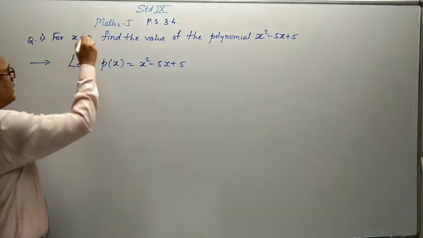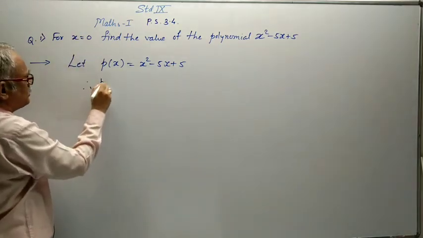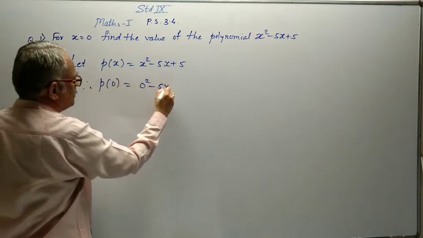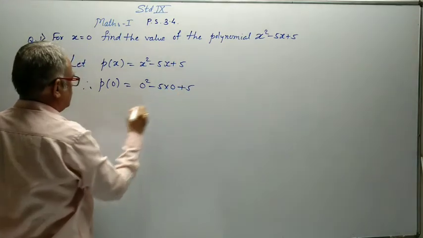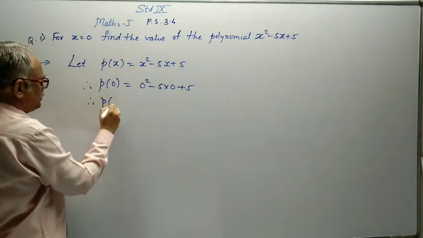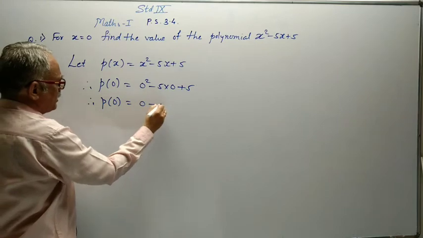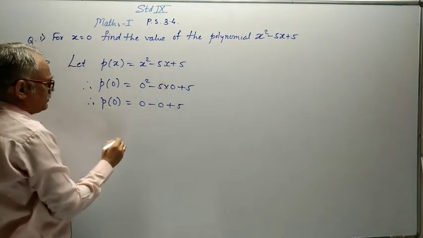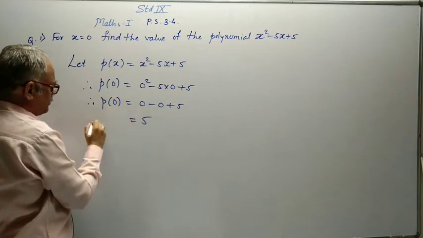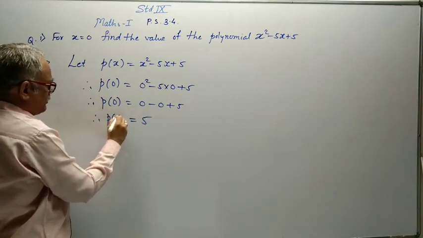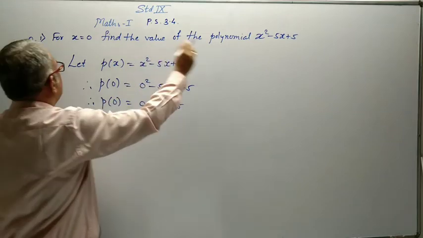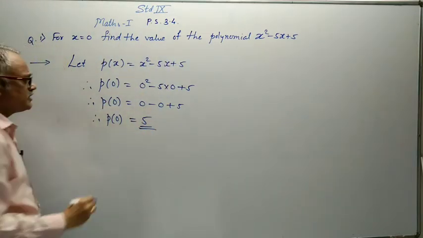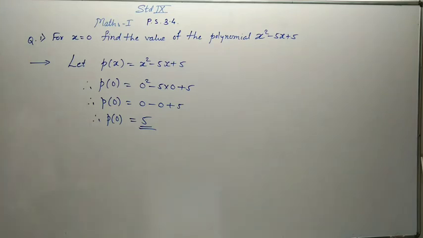It is asked when x is 0. Therefore, p of 0 is 0 square minus 5 into 0 plus 5. Therefore, p of 0 is 0 minus 0 plus 5. Anything multiplied by 0 is 0. And therefore, p of 0 is 5. This is the value of the polynomial at x equal to 0. 5 is the answer.